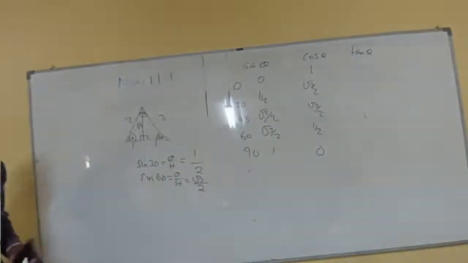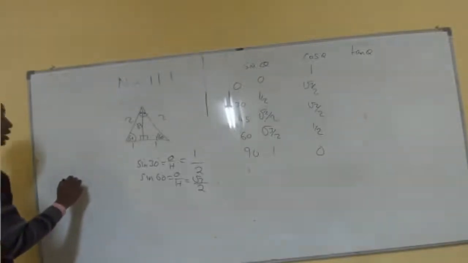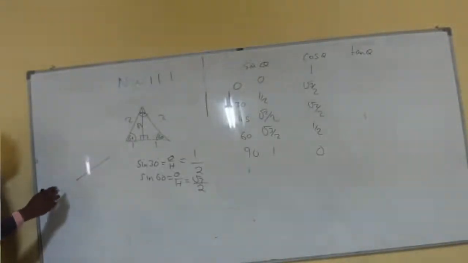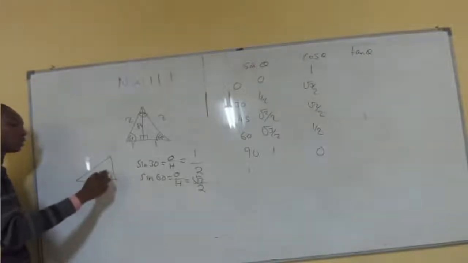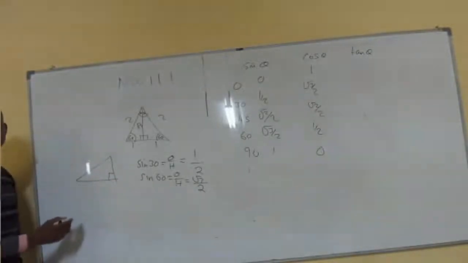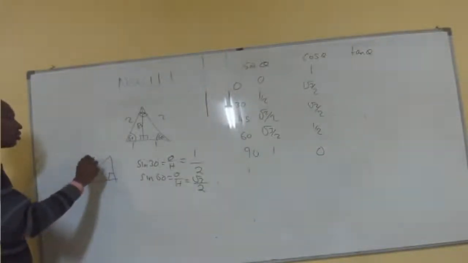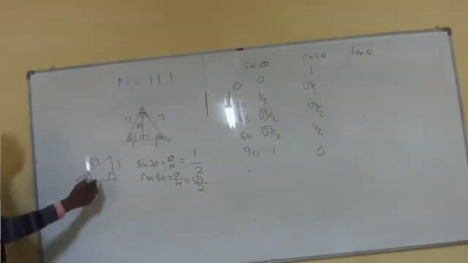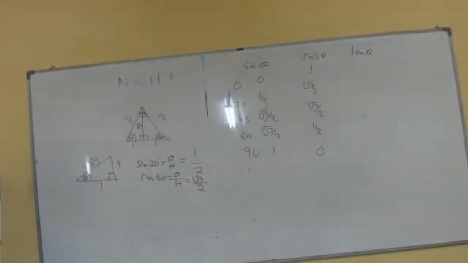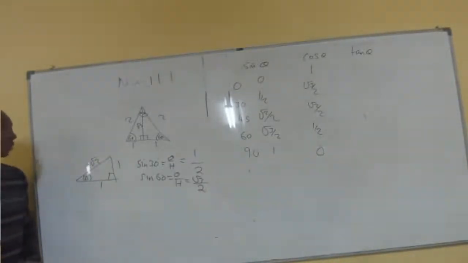Now, for the 45 degrees one, we consider this sort of triangle, with the 45 degrees angle, and sides root 2, 1 and 1.